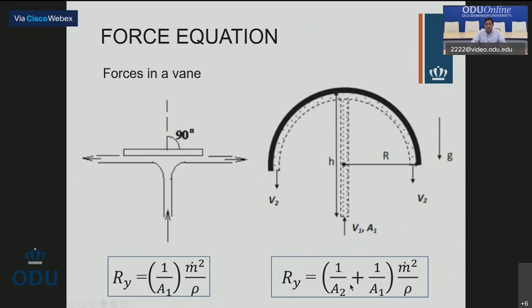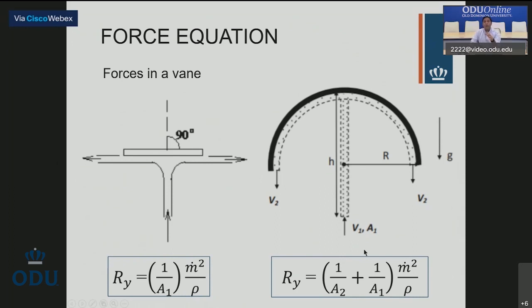That means that if I have the same flow rate in this jet and the same flow rate in this jet, the hemisphere will feel the largest force, because this term will always be larger than this term. Let's assume for now, just for a sec, that area 2 is equal to area 1. They are not the same, but let's assume they are. If they are the same, this becomes 2 times 1 over A2.